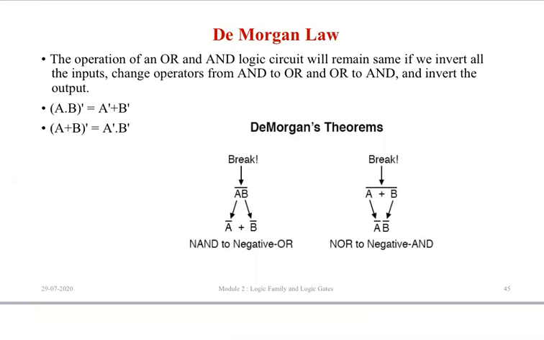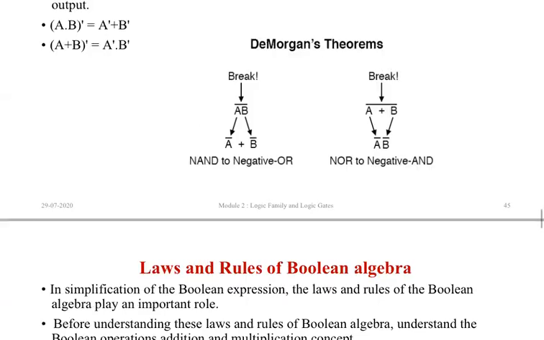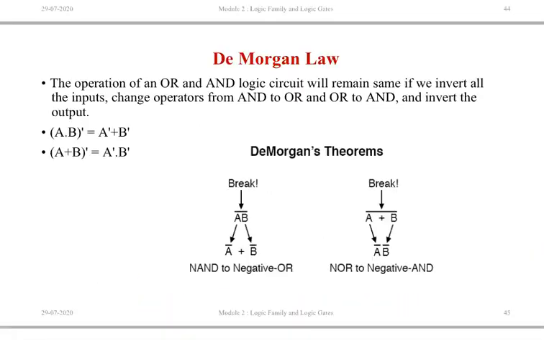The operation of an OR and AND logic circuit will remain the same if we invert all the inputs, change the operator from AND to OR and OR to AND, and then invert the output. This is the statement. You might be confused, but write down the statement and then the equation. Once you write the equation, then it will be clear. So write down De Morgan's law.